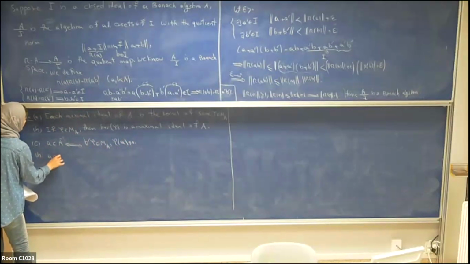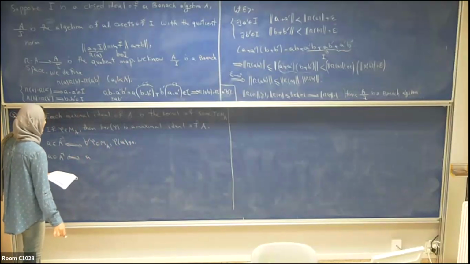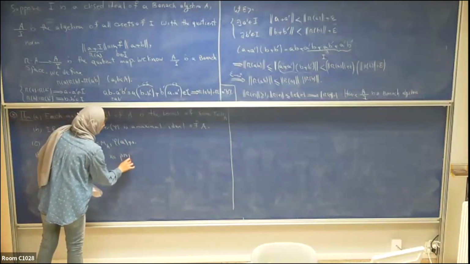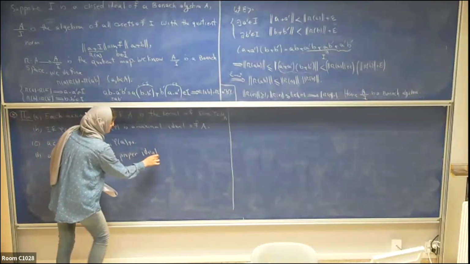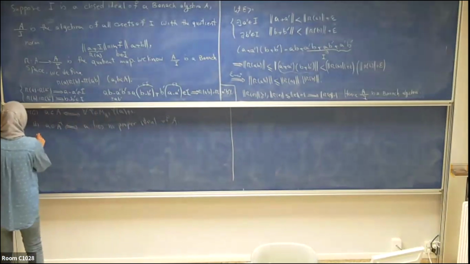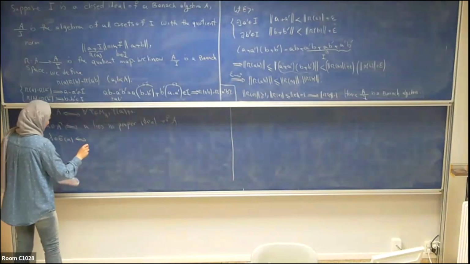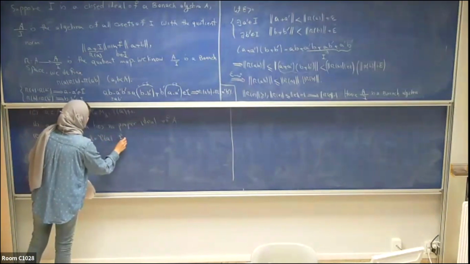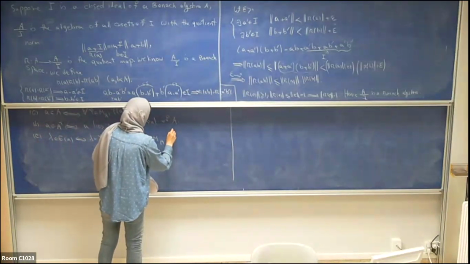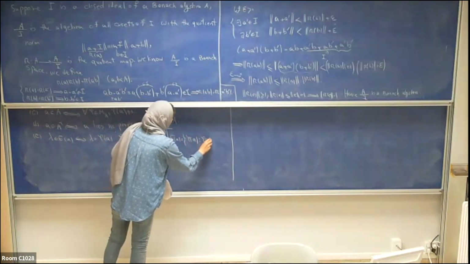Or now I say it with maximal ideals: A doesn't belong to any proper ideal, or in other words, A lies in no proper ideal of A. And the last part: lambda is in the spectrum of A if and only if lambda is of the form P of A for some P in M of A. In other words, the spectrum of A is the set of phi of A when phi is in M of A.